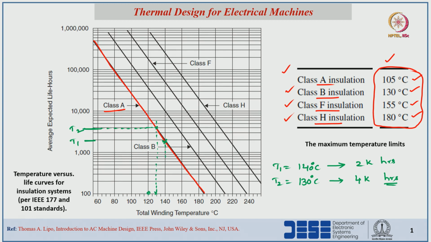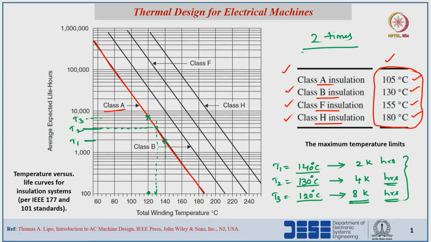If we reduce the temperature further by 10 degrees Celsius, at 120 degrees Celsius the expected lifetime for temperature 3 is almost 7 to 8K hours. So, by reducing the operating temperature by every 10 degrees Celsius, the increase in lifetime is almost 2 times.